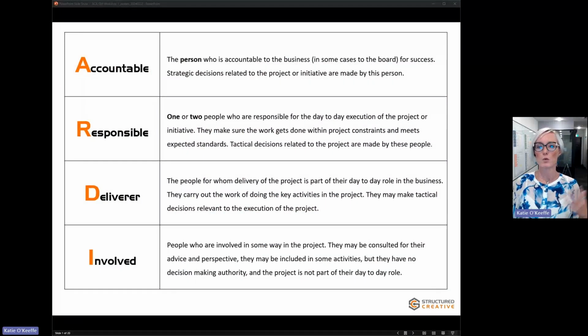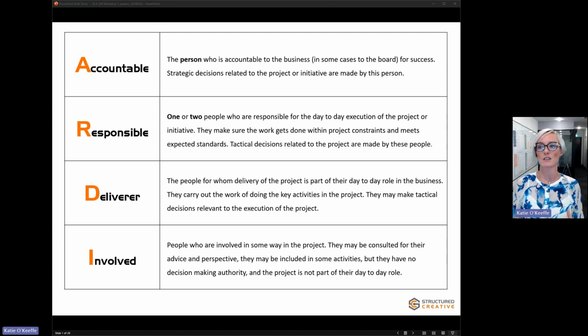And we are going to be working with you and your teams, for the projects that are in the planning cycle, to be allocating out these roles and responsibilities for each project, starting with the person, and it's a single person, who is accountable to the business and in some cases to the board for success of that project.